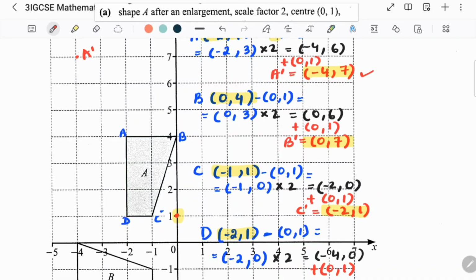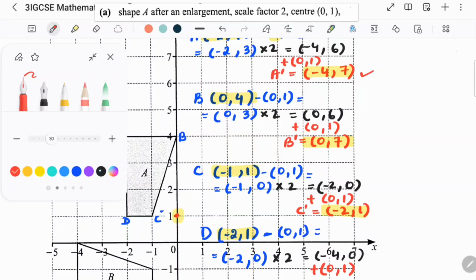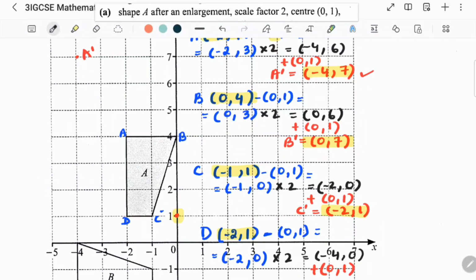Just check for yourself. I'm drawing it because you should know as well whether we are doing it correctly or not. When you join the corresponding points and connect them with the center, the line from the center to A prime becomes double, and your scale factor is also double.